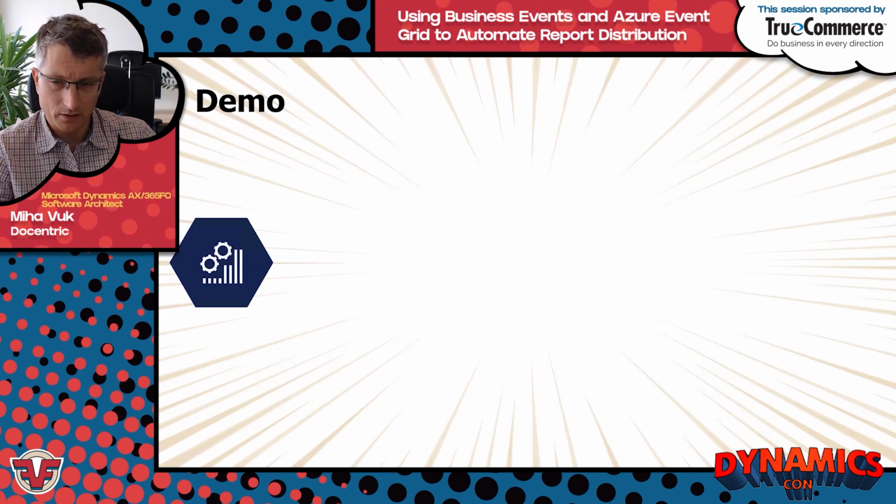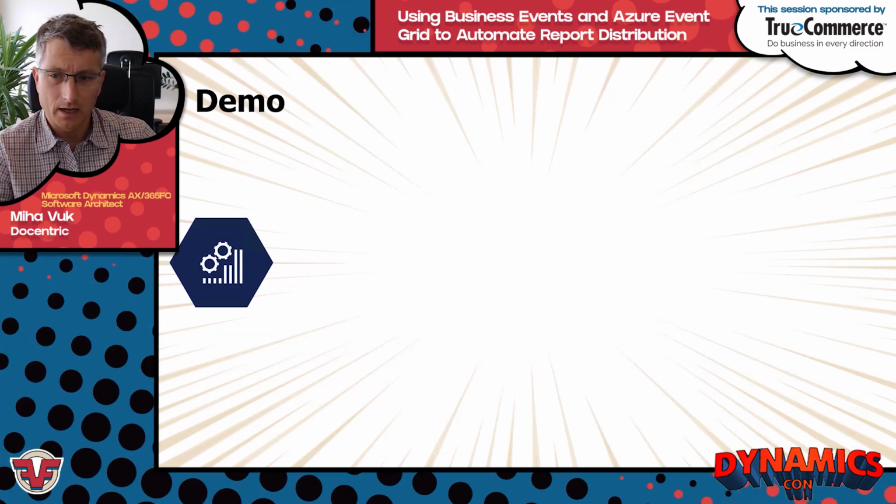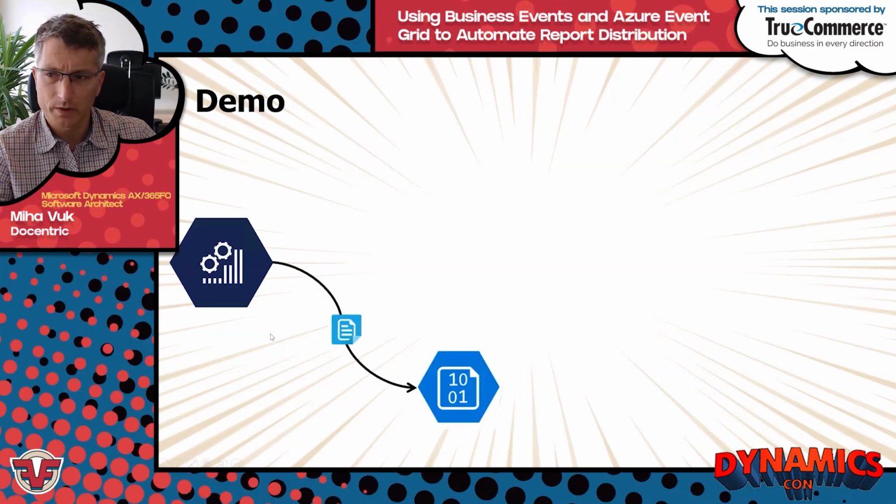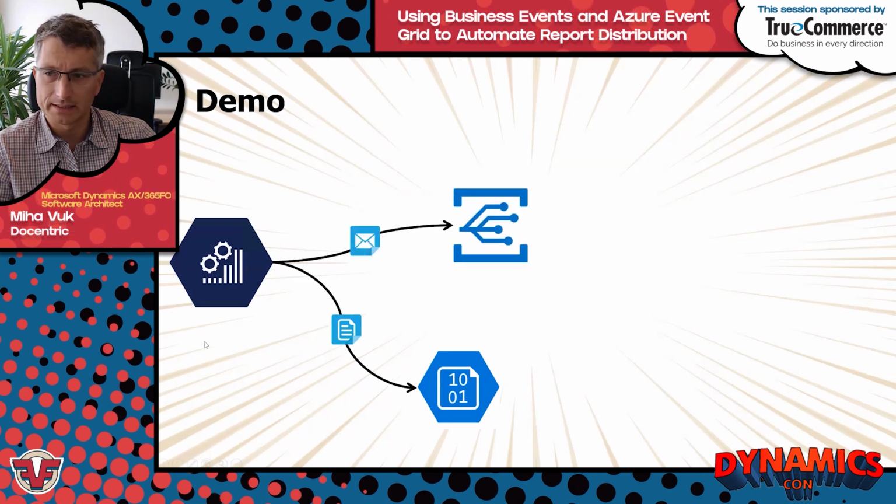But from this point on, everything else is our customization. It saves the document to Azure Storage and gets the download link, allowing anyone with the link to download the file. Then finance and operations creates a business event containing invoice metadata, like invoice ID, and the download link. It sends the event to Event Grid. Event Grid then sends this event to all subscribers.